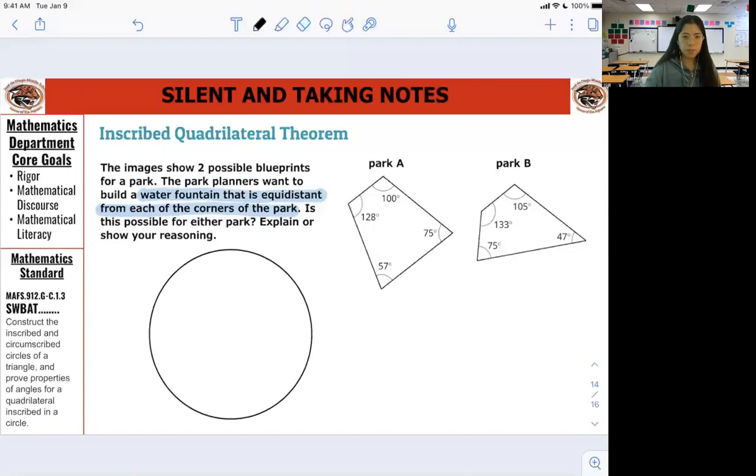If you have a circle, and here's the center, and you have a quadrilateral, I'm going to make it kind of random.